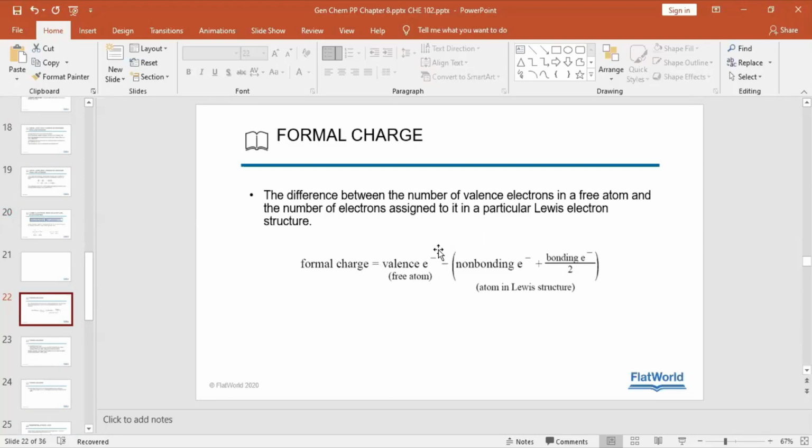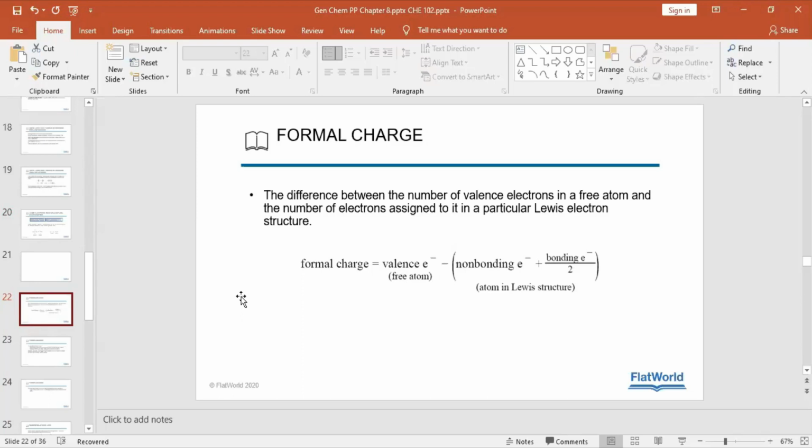So formal charge is the valence electrons of the free atom minus the non-bonding electrons assigned to that atom, minus the bonding electrons divided by 2 in the Lewis structure. That will determine the formal charge. The lower the formal charge you have in the Lewis structure, the more stable it is.